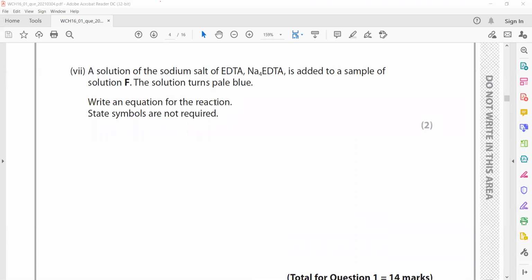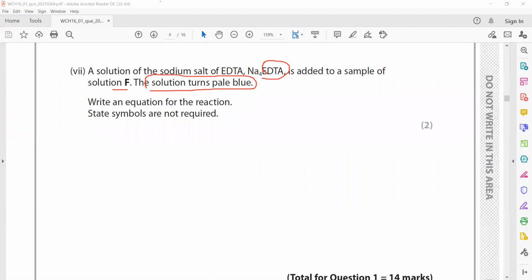A solution of the sodium salt of EDTA, Na4EDTA, is added. It is a polydentate ligand, meaning it can attach to a complex in many ways. So with a polydentate ligand, there is a higher increase in entropy. Write an equation for the reaction when a sample of solution F turned pale blue. If the solution turned pale blue and no precipitate formed, it means there is a charge on the complex. How do we write this reaction?